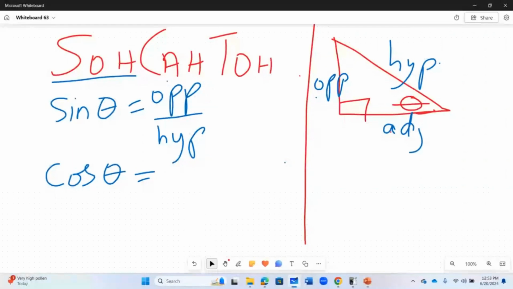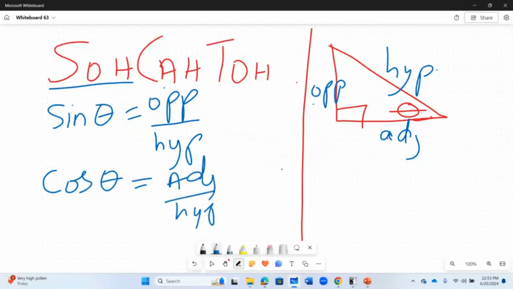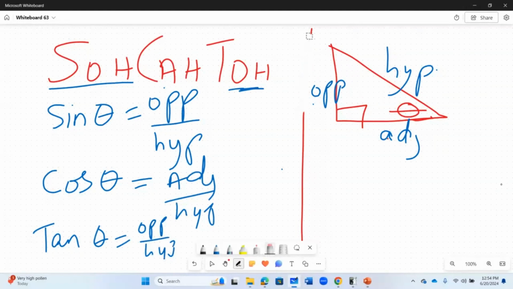So this means that cosine is adjacent to theta over hypotenuse. And tangent of theta, tan theta, is opposite over adjacent.